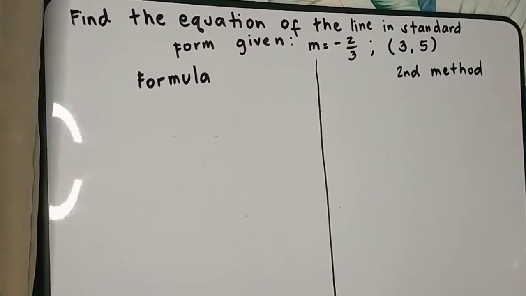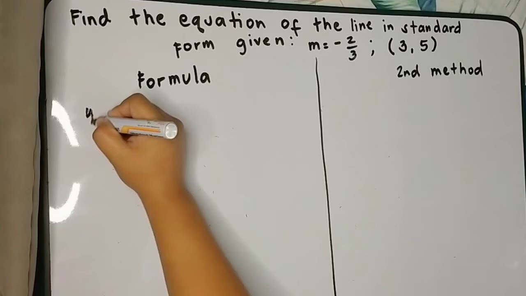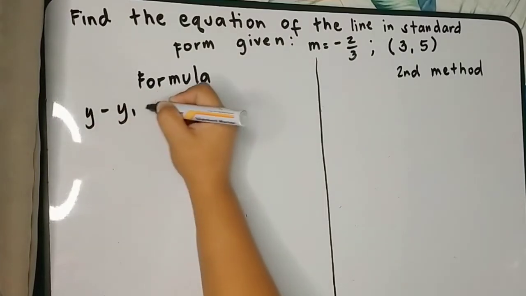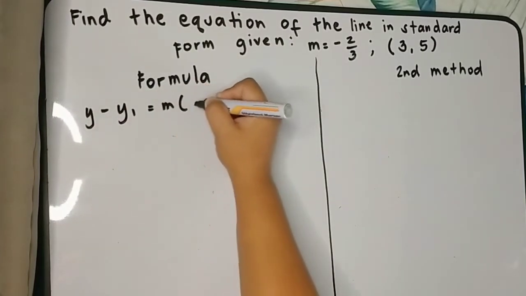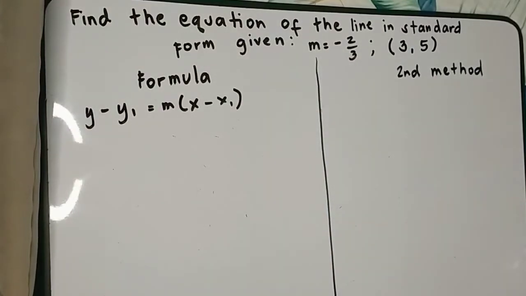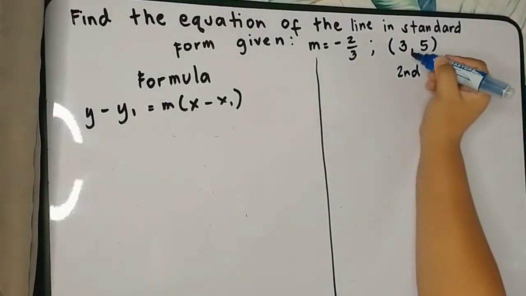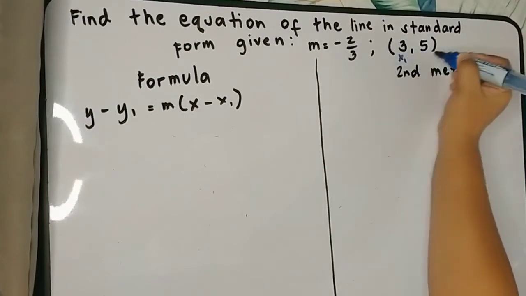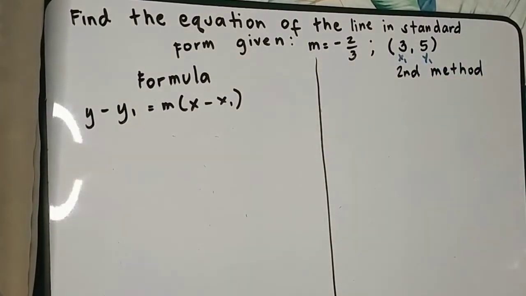So first is, formula muna tayo. The formula again is y minus y sub 1 equals m times the quantity of x minus x sub 1. Again, sa given coordinates, yung first coordinate is your x sub 1, second is y sub 1. So, substitute natin yung values.